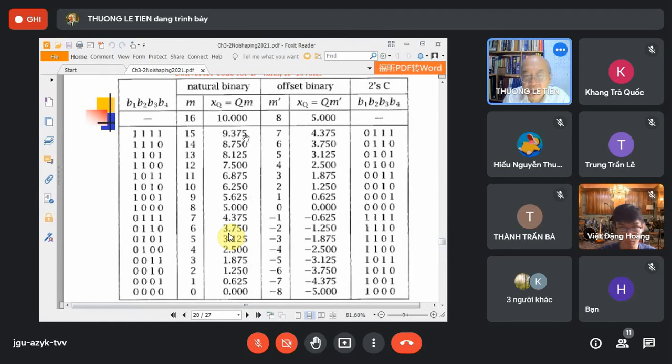We stop here. We don't use 10 volts, we round it to 9.375. That is the maximum value in the range the system can convert.